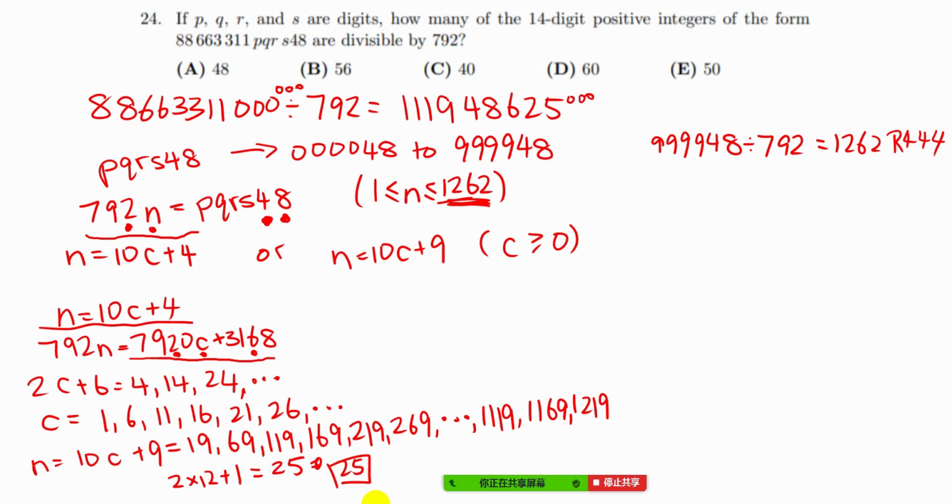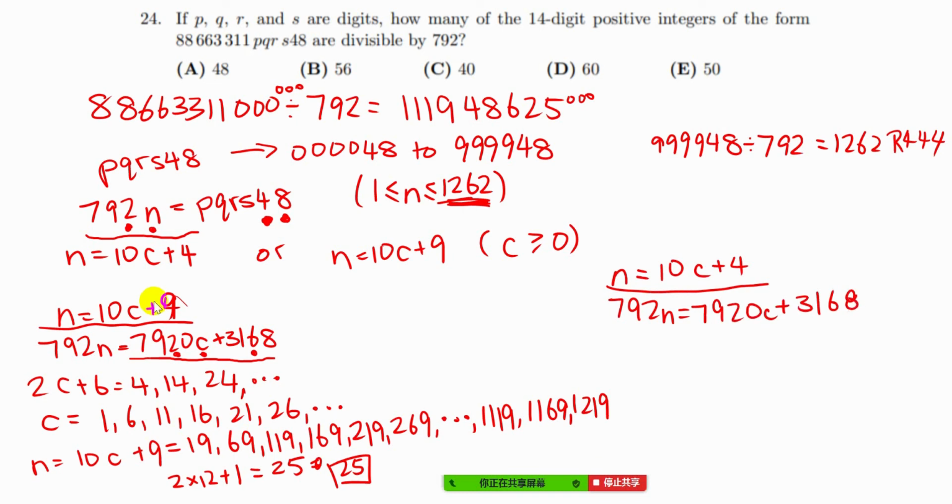Oh wait, I did this wrong. I did the n equals 10c plus 9 one first. And then for the other one, which is n equals 10c plus 4, 792n equals 7920c plus 3168.